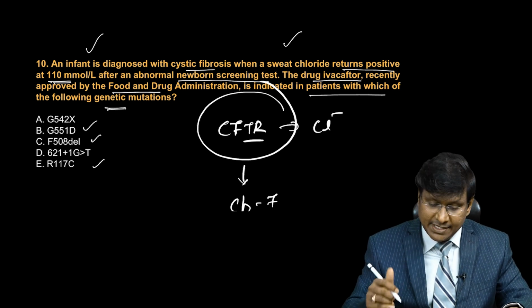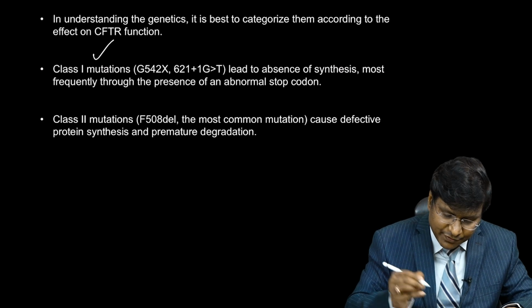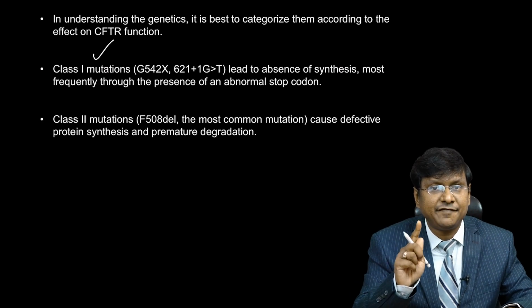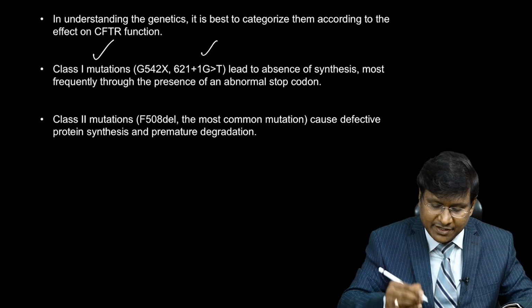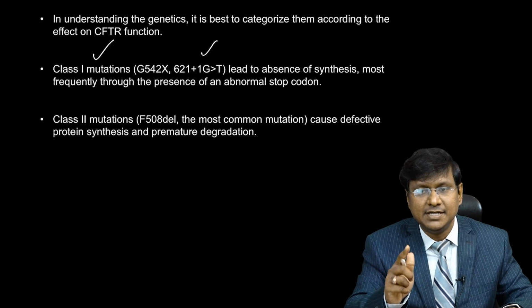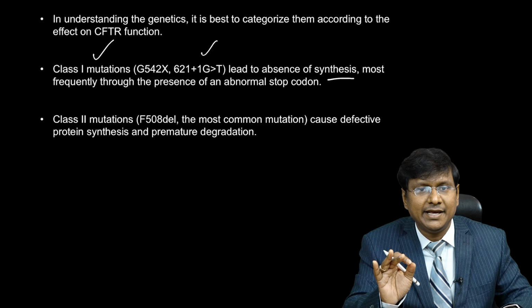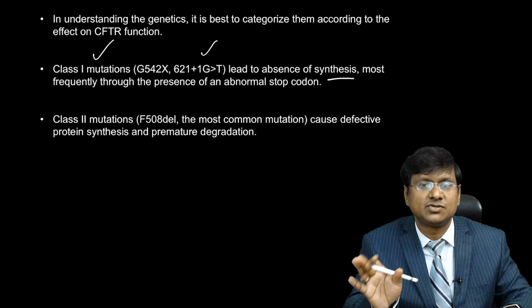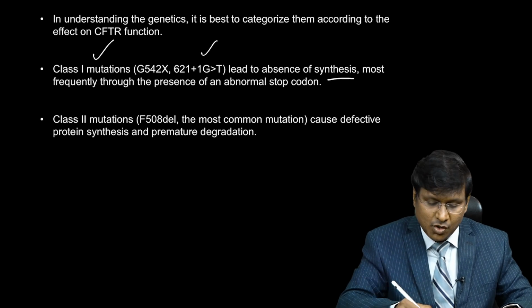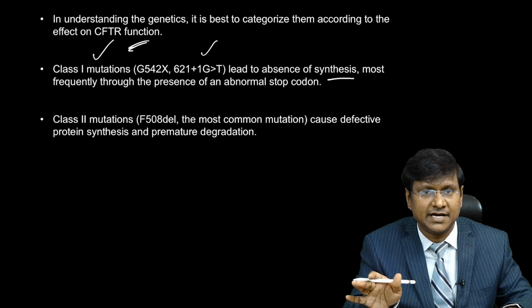Now, take the class 1 mutation, that is G542X and 621 plus 1 GT mutation, which leads to the absence of synthesis, most frequently through the presence of an abnormal stop codon. That is the class 1 mutation impairing CFTR function.